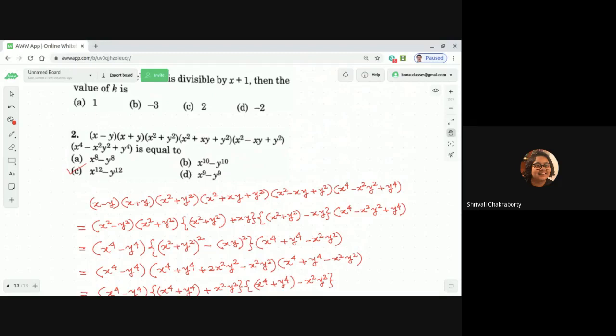So if you look at those two together, that will be a minus b into a squared plus ab plus b squared. I got your point. You are telling that you want to club these two together, x minus y and x square plus xy plus y square, right? Yes, you can, and even for the other terms.